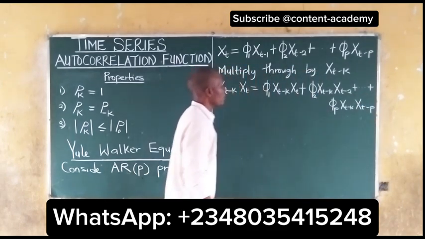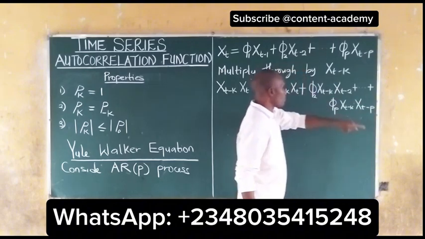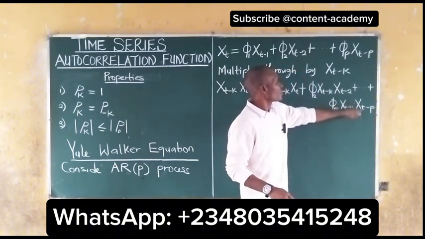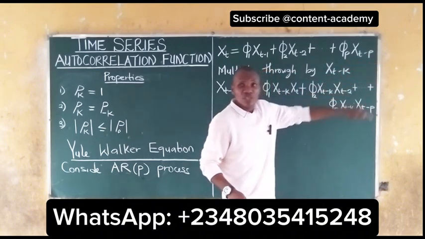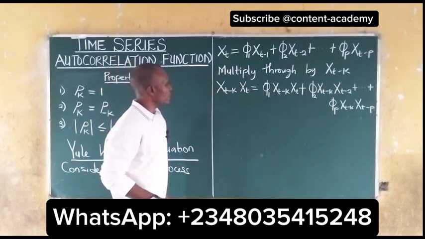Now, why we did not include the error term here is because if you multiply it by x t minus k and take the expectation, it returns zero. That is why we excluded it.